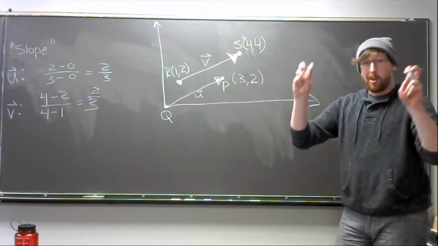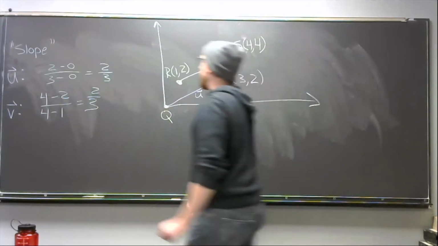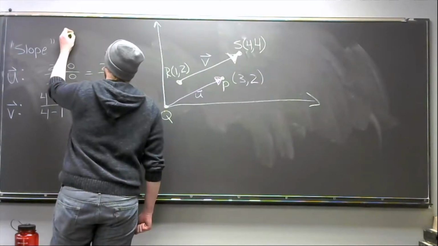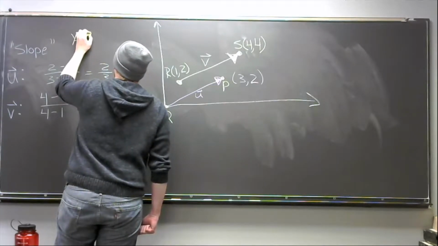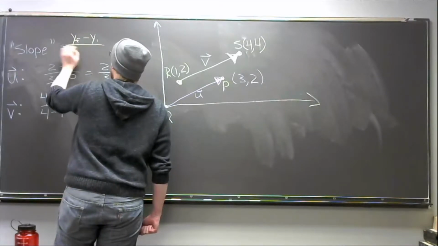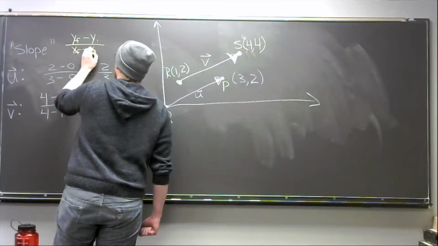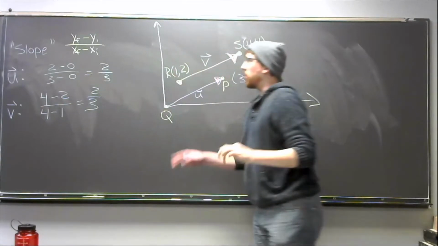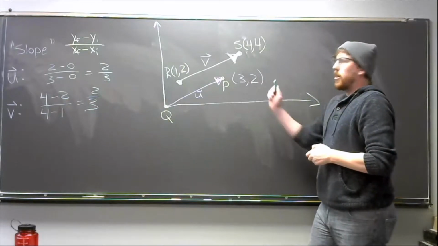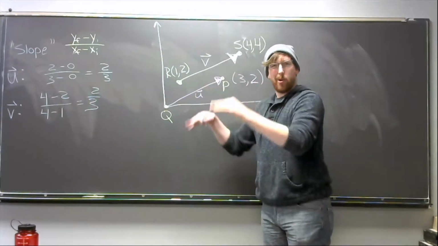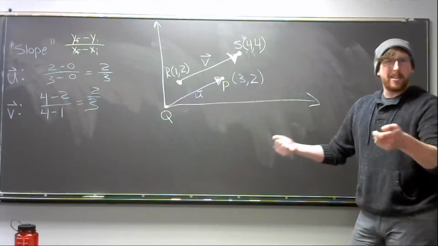Well, talking about the slope, the slantedness of these two different vectors, what I did is I said, go from your final y position and subtract your initial y position and divide that by your final x position minus your initial x position. That'll give you the slope, the slantedness of these vectors. Okay, so they have the same slant to them, right? So if they're slanted in the same way, they must be pointing in the same direction. That's the idea here.